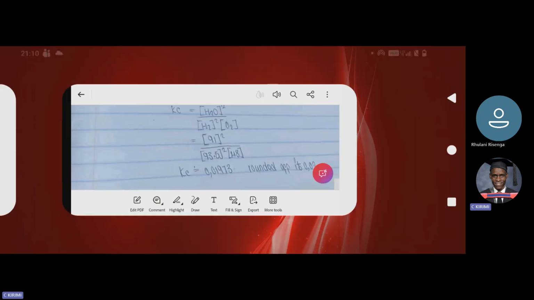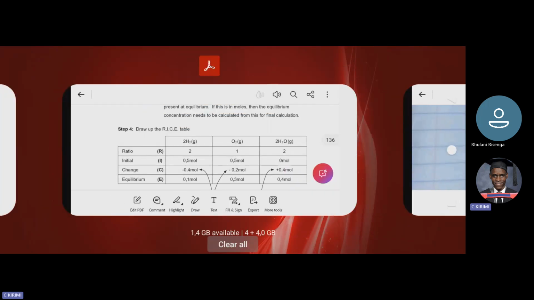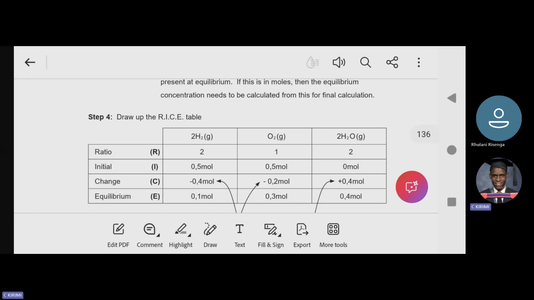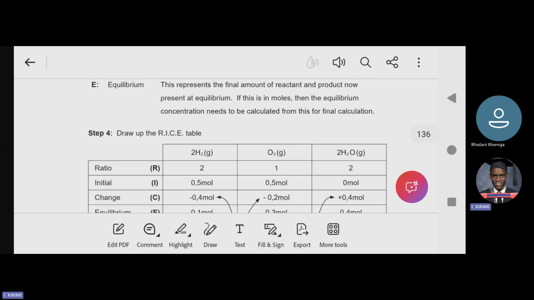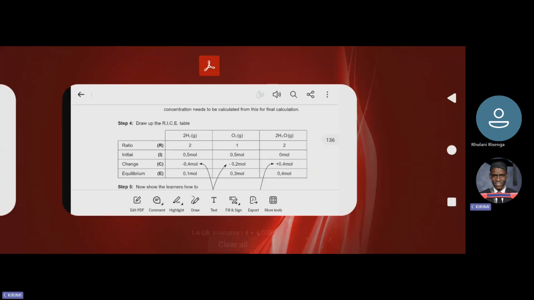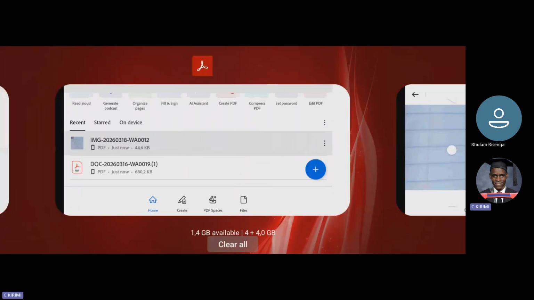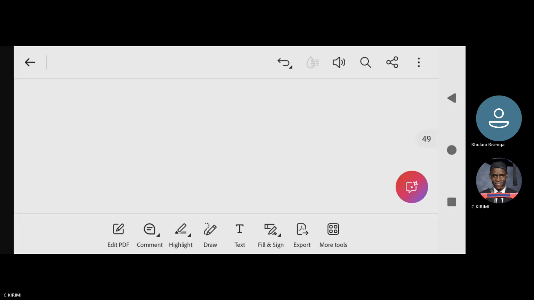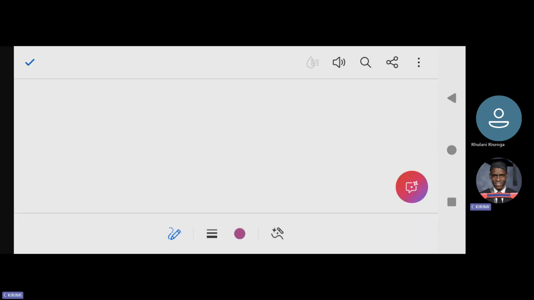So on this one, we are referring to the reaction between hydrogen and oxygen to give you water, isn't it? That is our reaction. Yes, so let's do it in writing. So we have hydrogen plus oxygen.